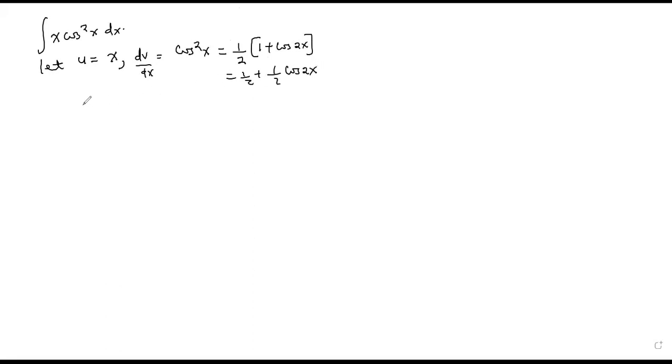Now, it means that our du dx is equal to 1, while our v is when we integrate dv dx. So it is going to be a half x plus a quarter sine 2x, actually sine 2x.